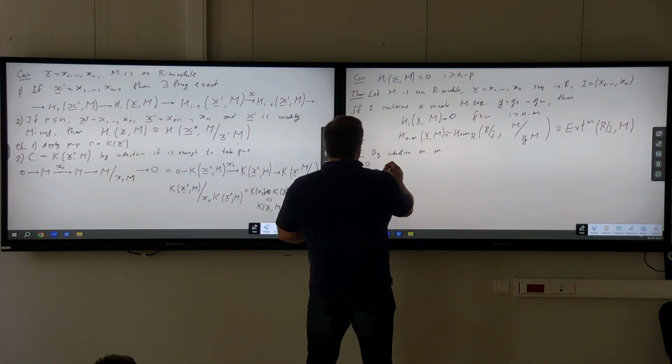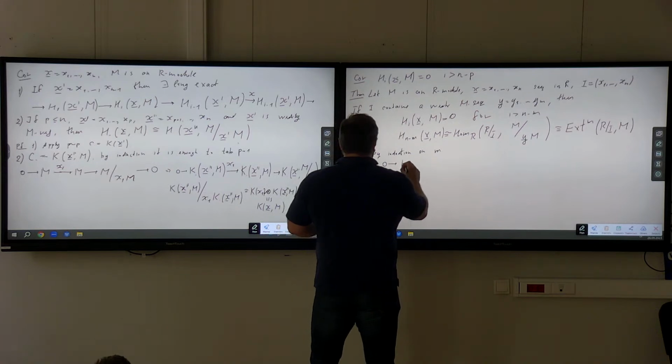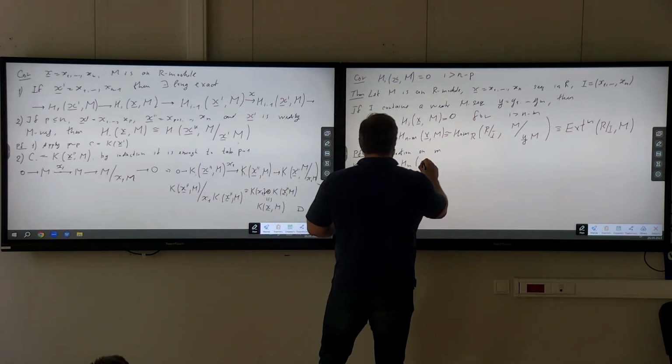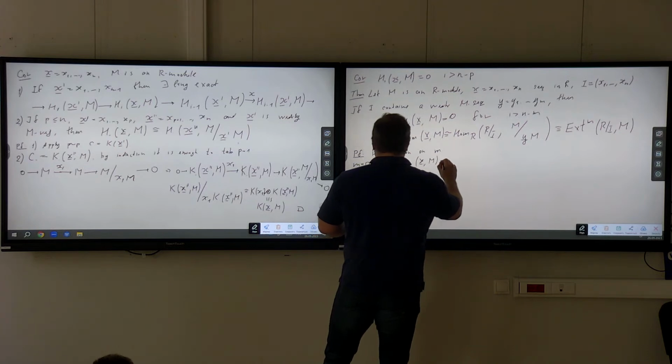We just look at the end of the Koszul complex. We'll get some top homology. So let's just write that this is top homology.